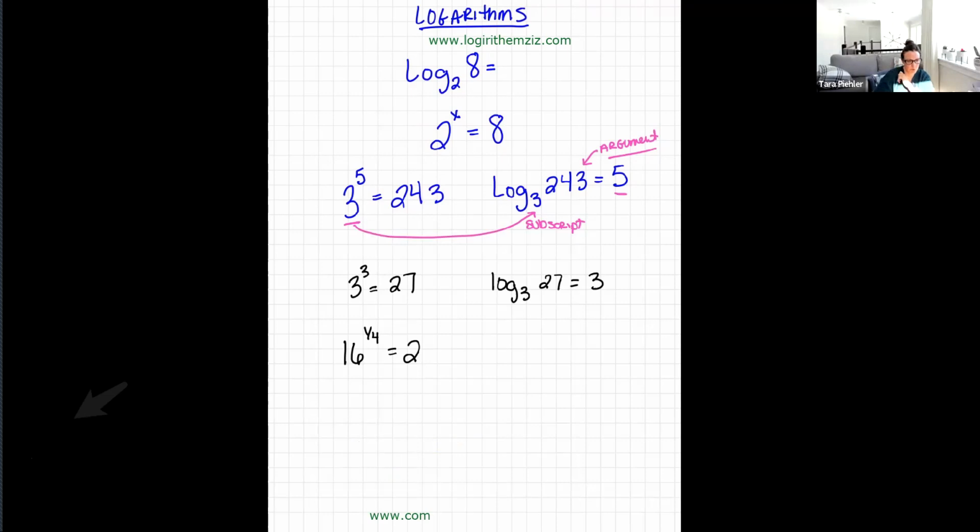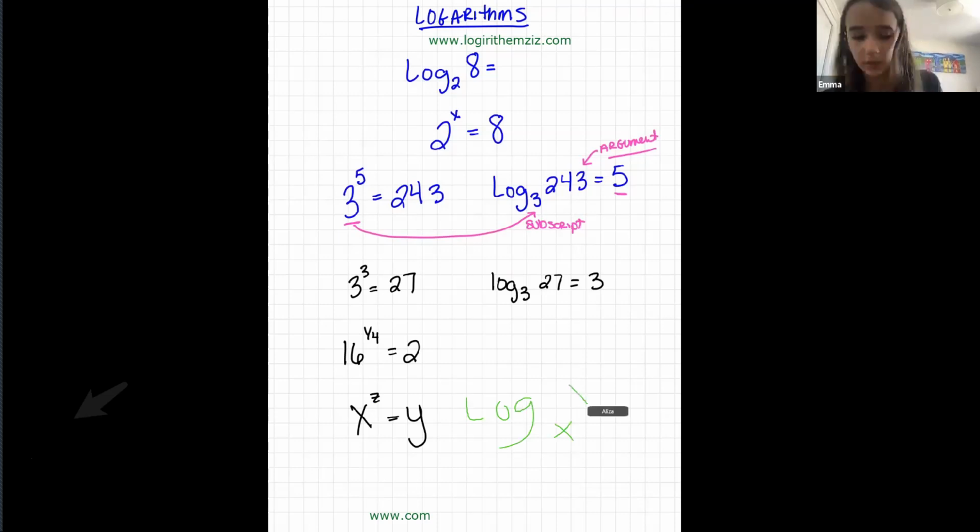All right, so let's just do abstract numbers. This would be what you would find in algebra class. X to the z equals y. Can somebody write that in logarithmic form for me? Someone's already doing it.